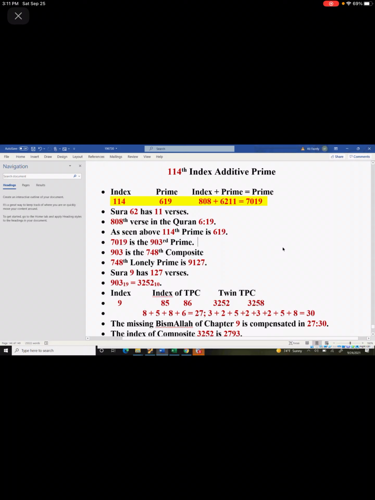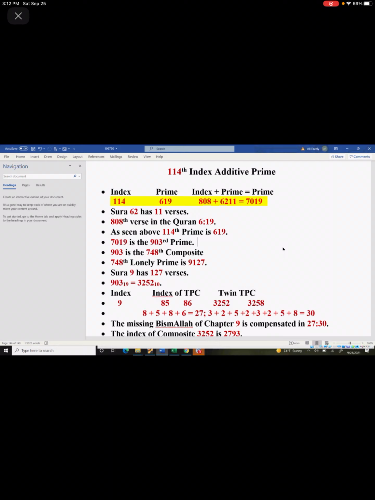The 114th prime number is 619, and the index additive prime is 808 plus 6211, which is 7019, and chapter 62 has 11 verses. Today is Friday, so chapter 62 is called Friday. The 808th verse in the Quran is verse 6, chapter 6, verse 19.